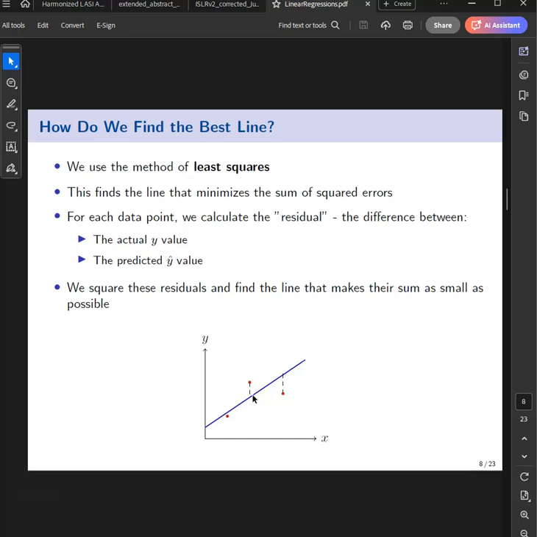And what we're looking to do is find a straight line like this one in blue that minimizes the sum of these squared residuals. Why do we square them? We square them for 2 reasons. One, it penalizes larger errors more heavily, and it ensures that the positive and negative errors don't cancel each other out.